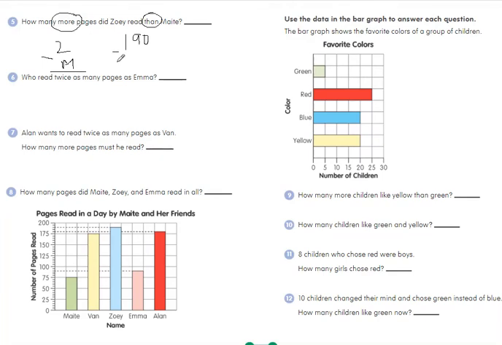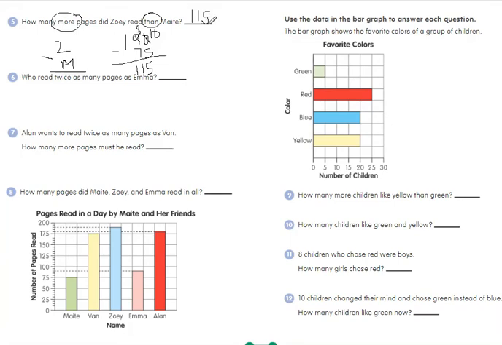And Maddie read 75 pages. Here it stops right at the line. So we have to borrow. So we have 115. So that would be our answer. We subtract and we get 115.